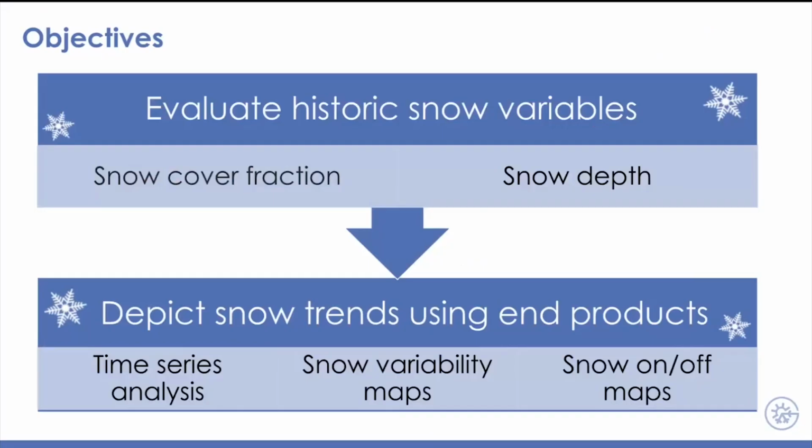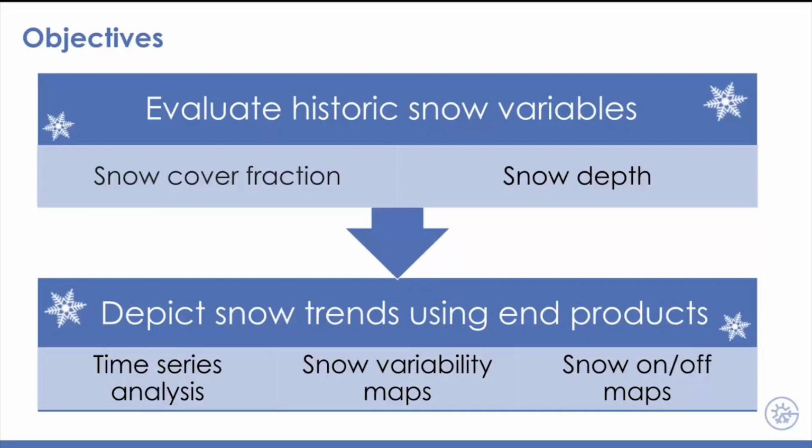So the first objective was to evaluate historic snow variables, including snow cover, snow water equivalent or SWE, and snow depth, to understand how changing climate has affected each one of these variables. One of the 2 main snow variables that we looked at were both snow depth and snow cover fraction.